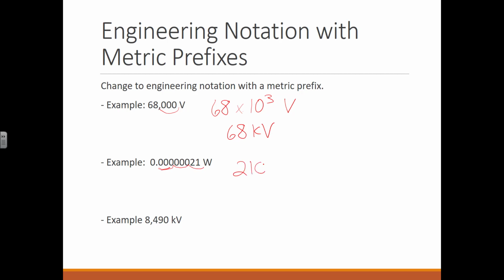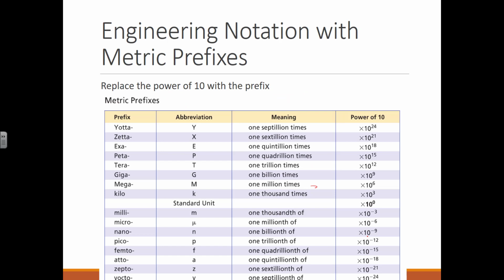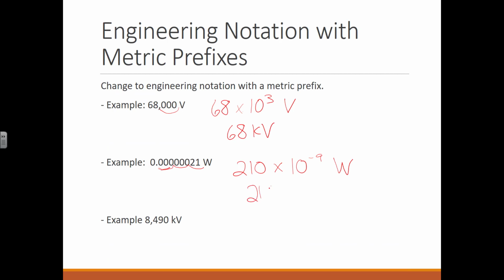So this will be 210 times 10 to the 3, 6, 9, -9th power watts. So let's look at what is times 10 to the negative ninth. Times 10 to the negative ninth is nano, lowercase n. So this is 210 nanowatts.